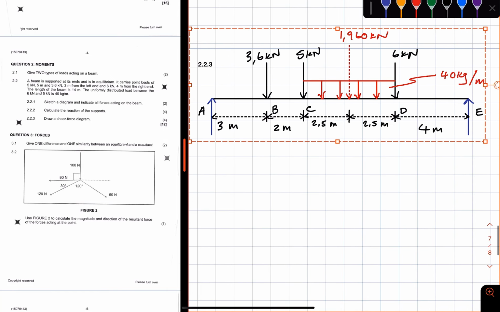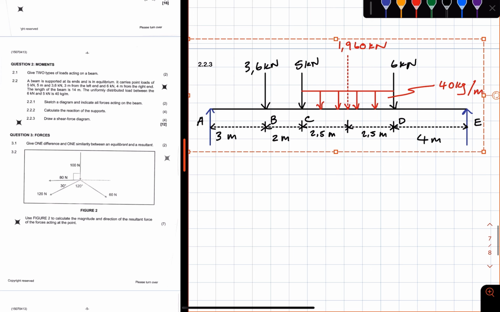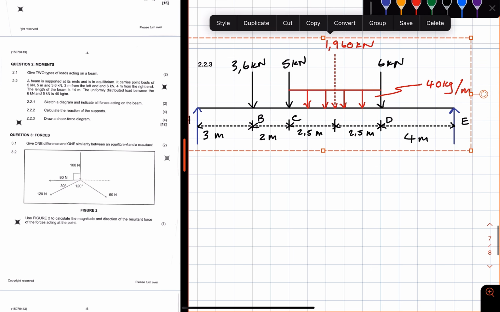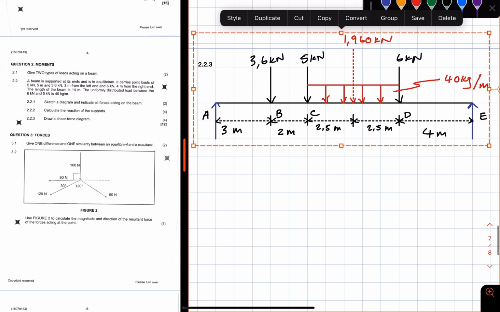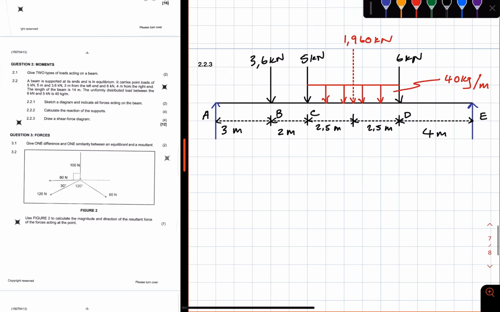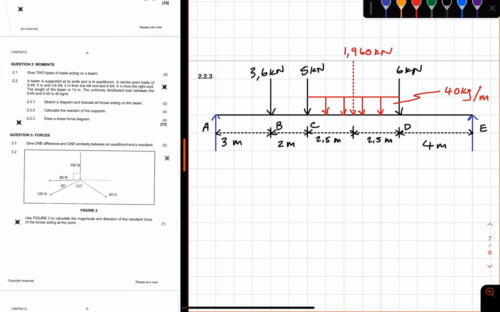Right, so we are going to draw our shear force diagram from the free body diagram of our beam, right? We don't need this anymore. Yeah, we don't need that, right?